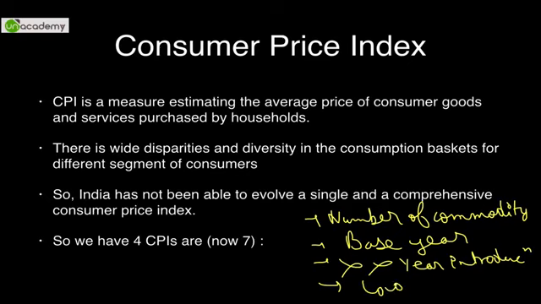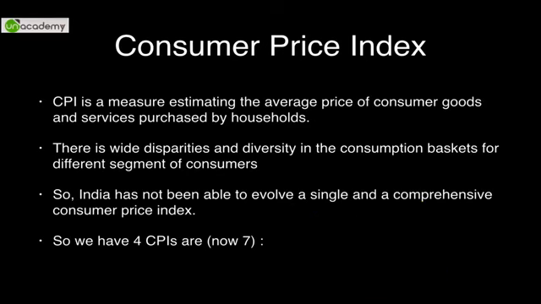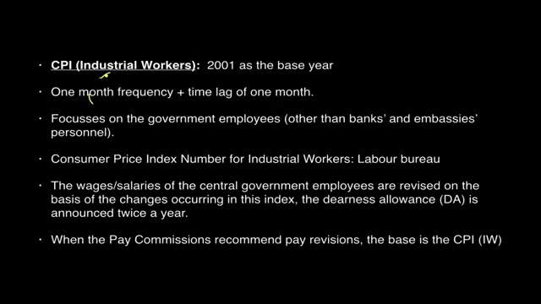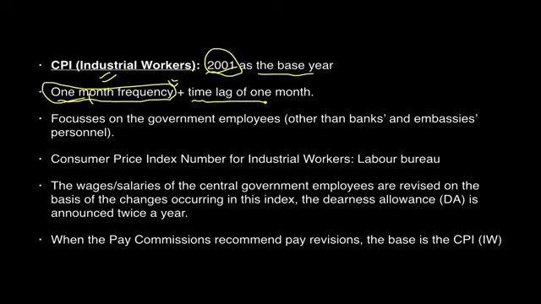Again you can have a certain glance through it just to familiarize yourself, but they will not ask these 4 pieces of information on an individual basis. So CPI for industrial workers has 2001 as the base year. Basically there is 1 month frequency of CPI for industrial workers, and there is again a time lag of 1 month. Is that absolutely understood?